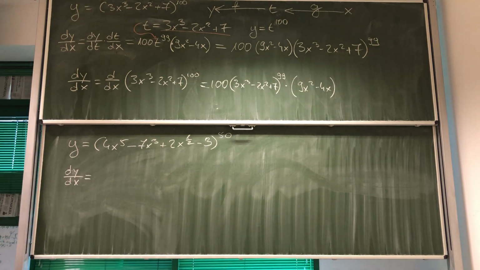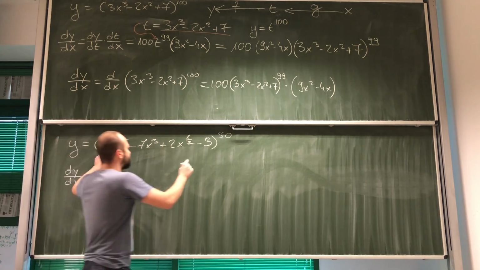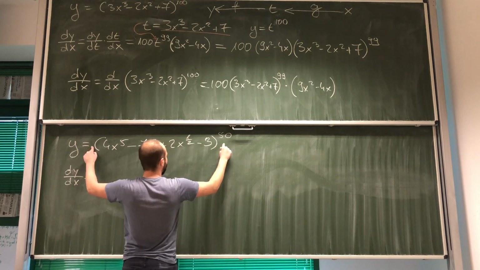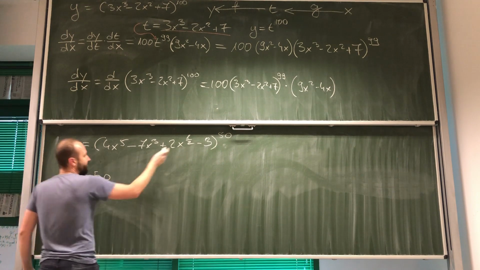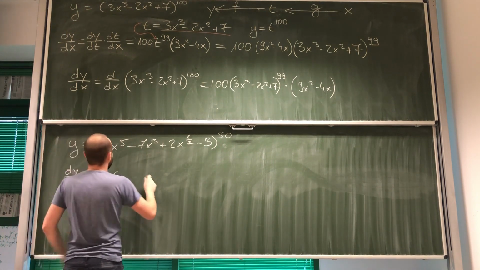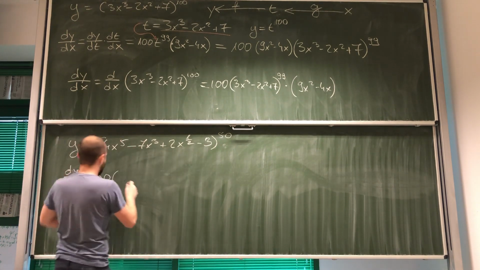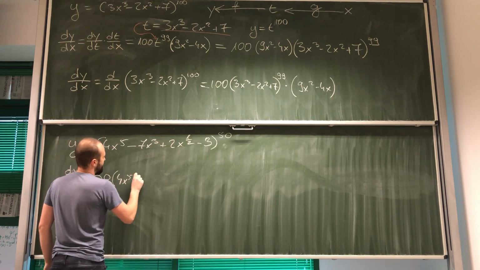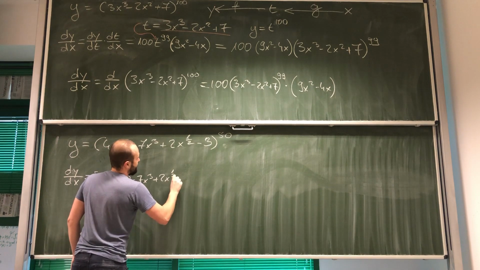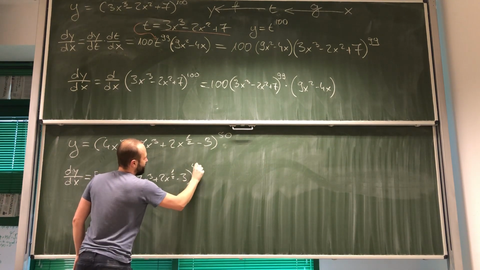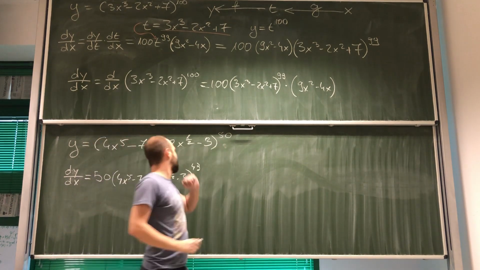Okay, so what do I do first? First, I need to differentiate the outside function that we've got over here. So this is going to be 50, that goes up front, times this entire expression to the power 49, because we dropped 1 over here.